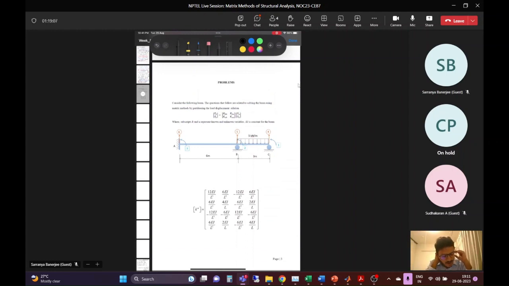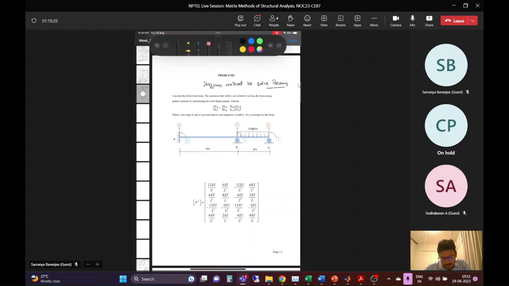So this week we had the beam problem, right? The stiffness method to solve beams. Our question in hand is, consider the following beam.